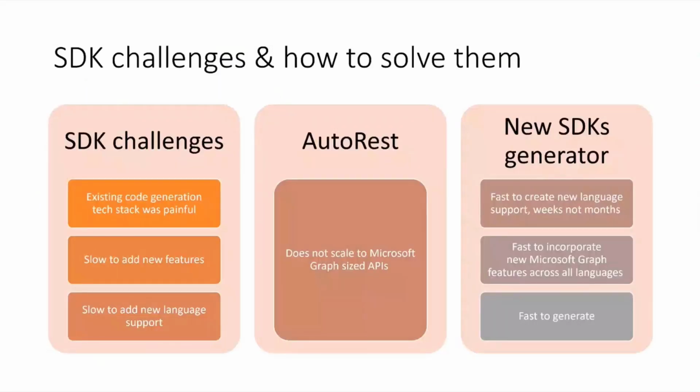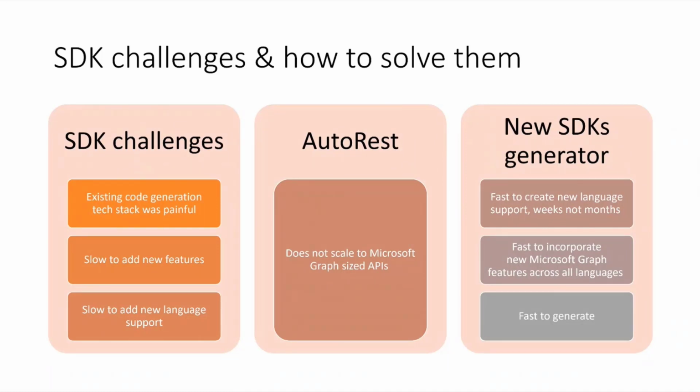But first of all, just a little bit of context to how we are where we are today. As Microsoft Graph has been evolving and as we keep adding new features, it became very apparent for us that we are having a few challenges generating our SDKs.